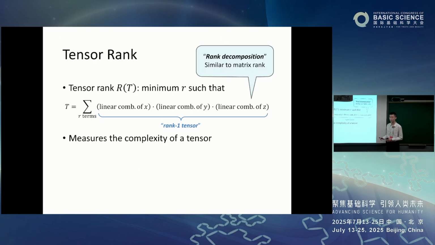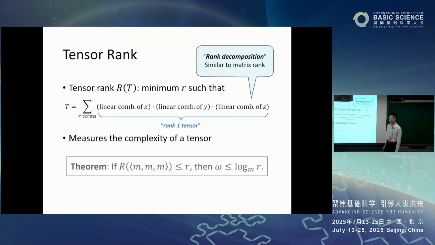The only difference is that a matrix is a two-dimensional object, so there will only be two factors within each term in the summation. But in this talk, we are caring about three-dimensional tensors, so there are three factors instead. The rank is used to measure the algebraic complexity of a tensor. So if the rank is higher, we say the tensor is more complex.